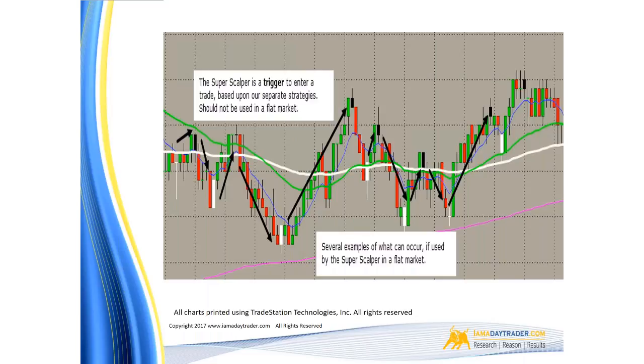Our 34s, 89s, our 200, and we'll be discussing the T2s, T10s, our other trend following strategies. We do not use any of those strategies when the moving averages are flat.